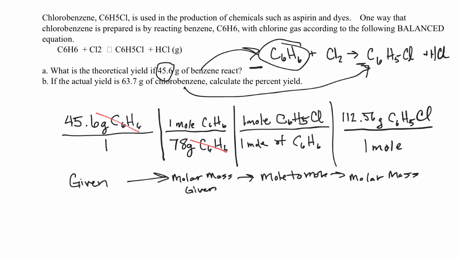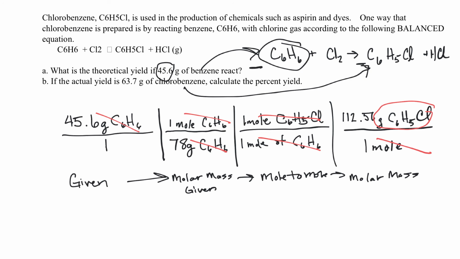And so let's make sure our units cancel. Mole of C6H6, mole of C6H6, mole of chlorobenzene, mole of chlorobenzene, and we're left with grams, which is what we're trying to figure out, right?